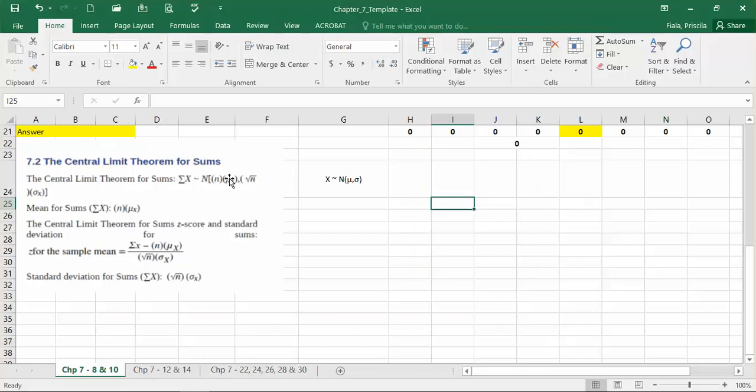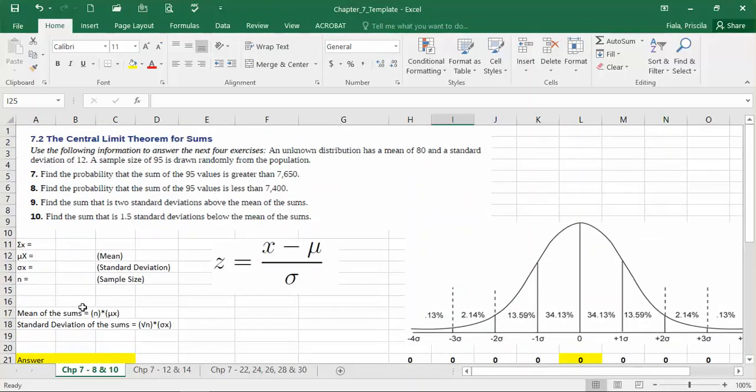If I take a sample of 40 students, that's the sample of your population. So the sample size times the mean of the population. And for your standard deviation, we're going to have to do the square root of the sample size times the standard deviation of the population, which I have put in here.